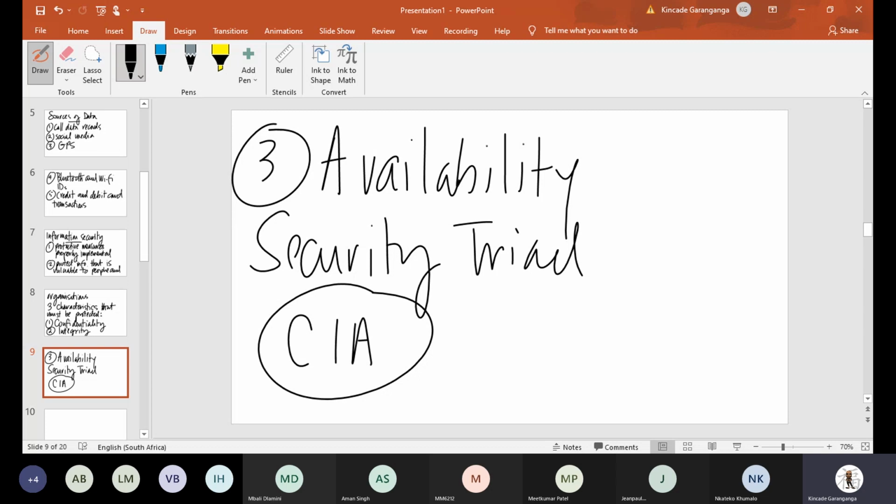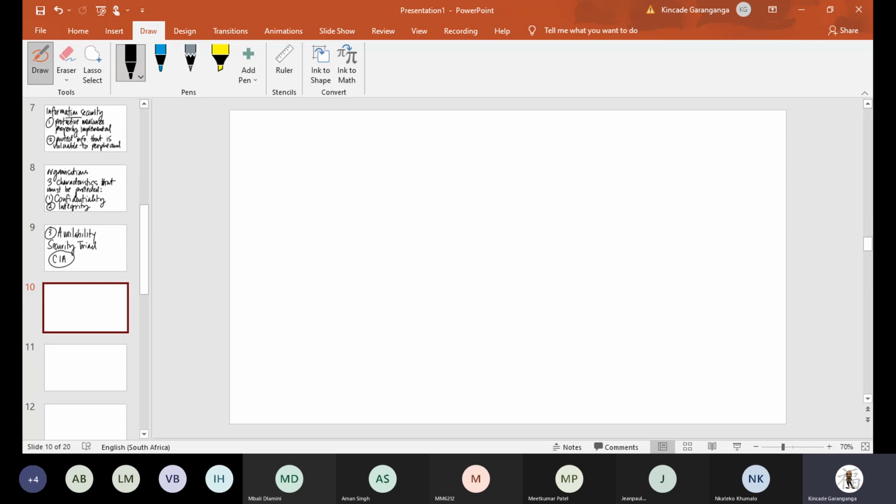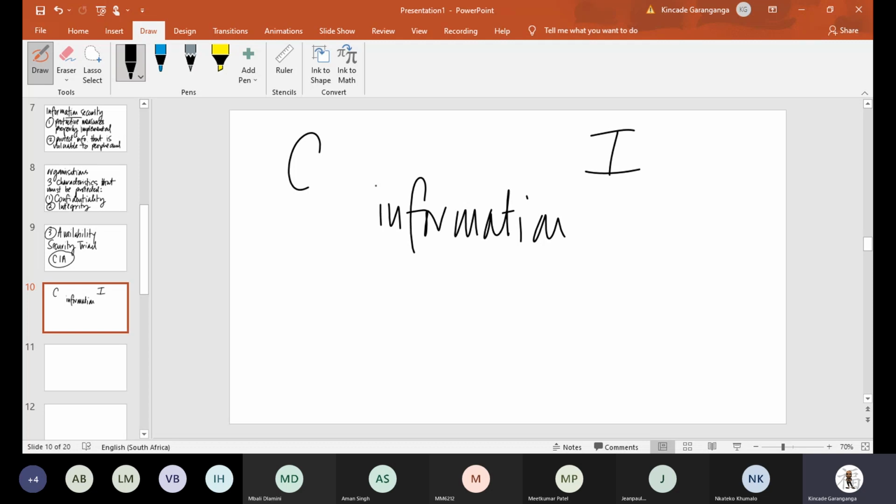But you will also discover that if you look at it diagrammatically, you have your confidentiality there, and in between we can put our information, and then you have your integrity part, and then naturally availability. So there is a link between these particular entities.